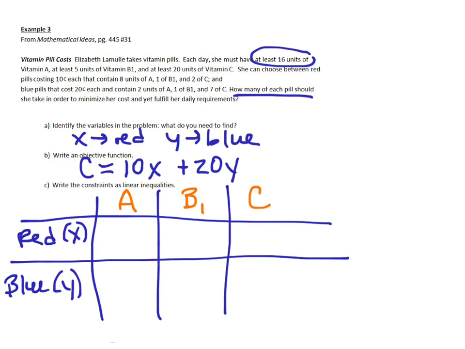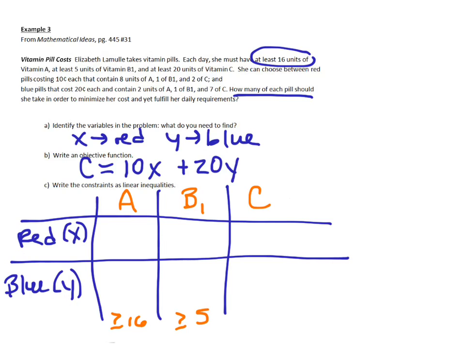And then at the bottom of each column, let me just jot down restrictions or constraints on the units of vitamins. So I know that A must be at least 16 units, so greater than or equal to 16. B1 must be greater than or equal to 5.